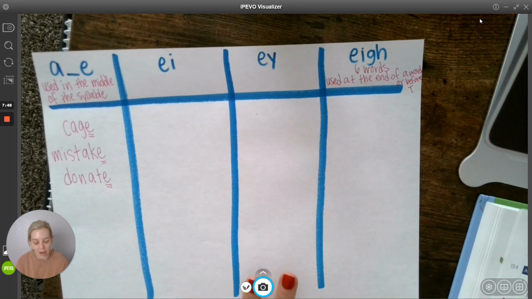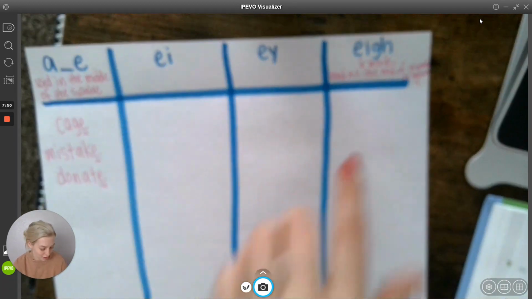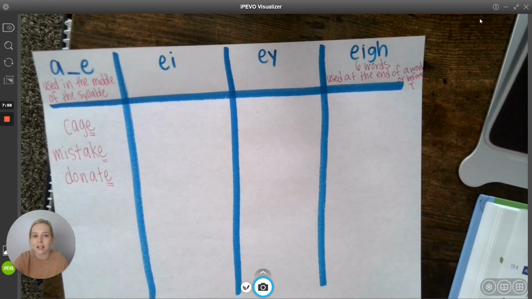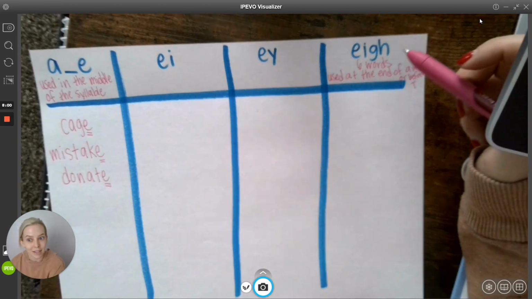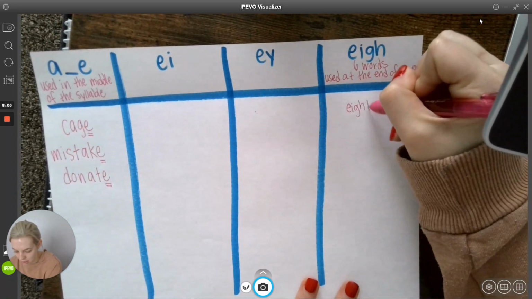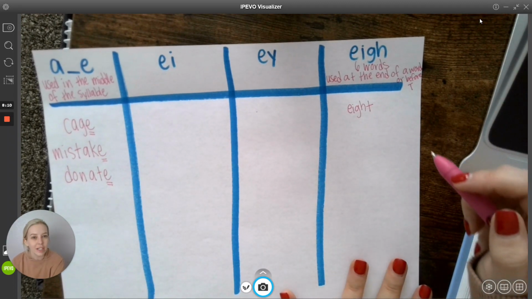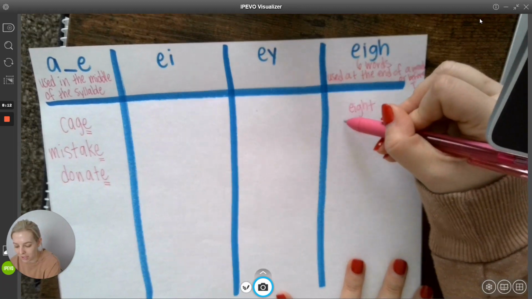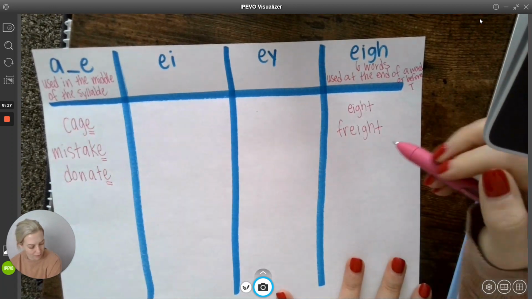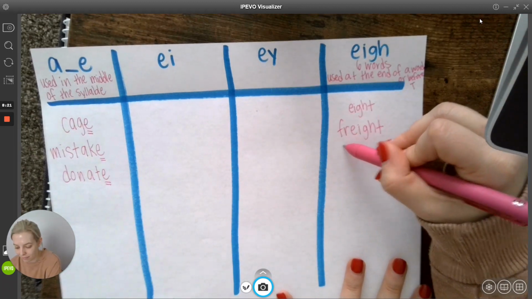Okay, so now I'm going to say the word and make sure you spell them with E-I-G-H when you hear that A sound. So we have 8, like I am 8 years old. And freight, like a freight train. And sleigh, like Santa's sleigh.